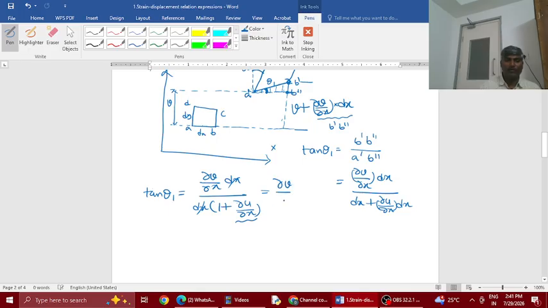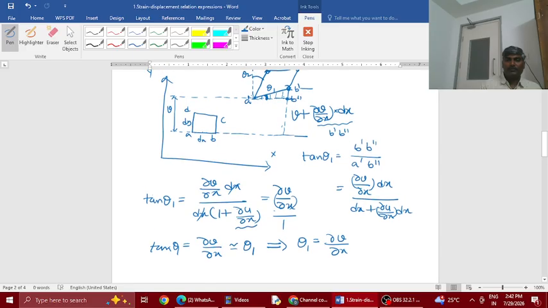So this will become dou v by dou x divided by 1. So finally, tan theta 1 is nothing but dou v by dou x. For such a small angle, because you are talking about a particle, this is just exaggerated in the figure. So this will be nothing but theta 1. So finally, your theta 1 value is dou v by dou x.